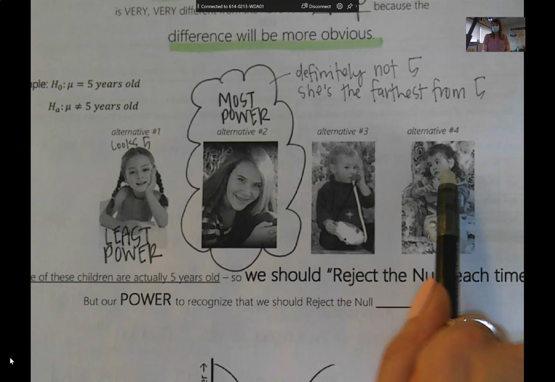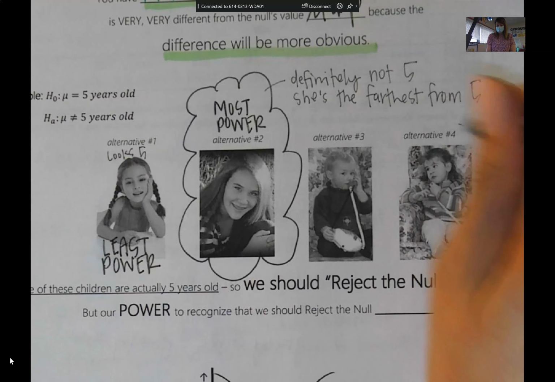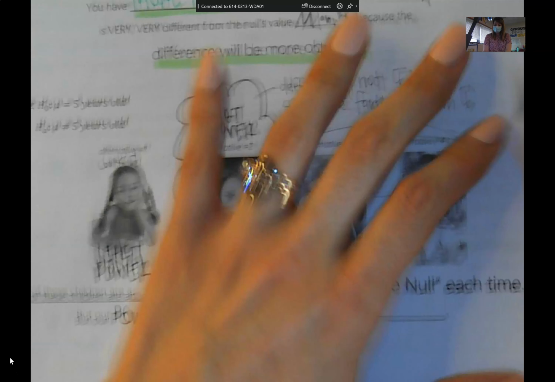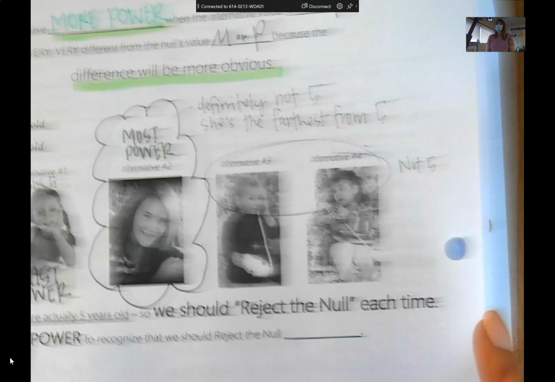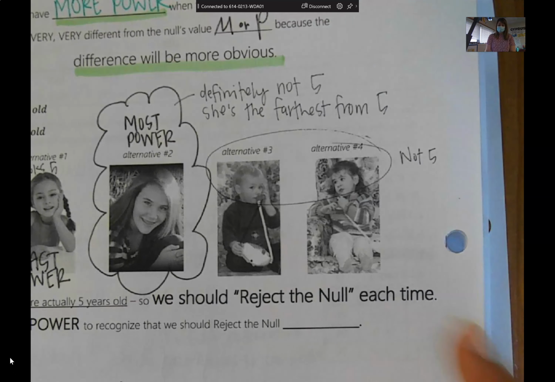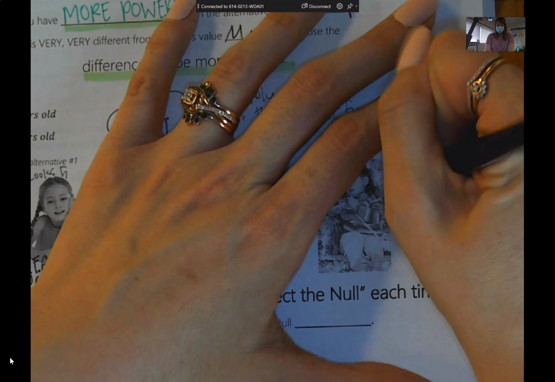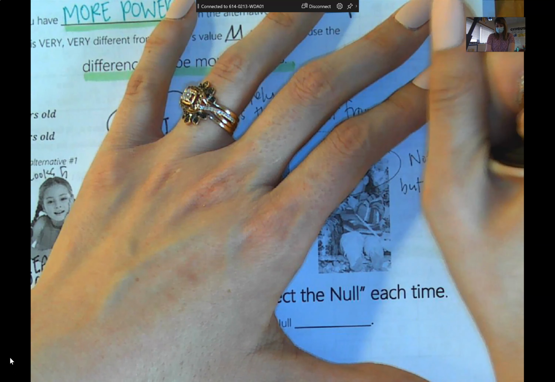These two, they do not look 5 to me. I'm sure that they're not 5. I think that they're 2 or 3. But it's not as obvious as the second example.